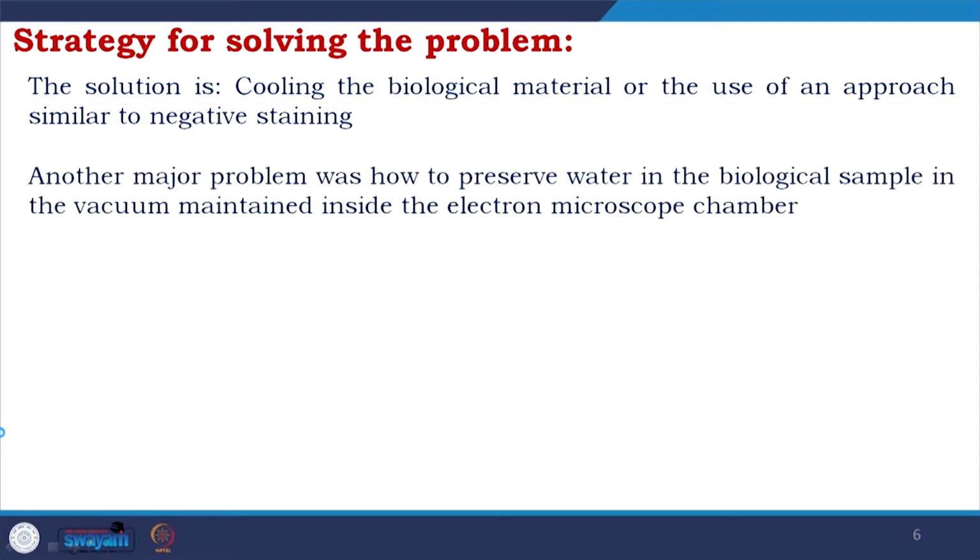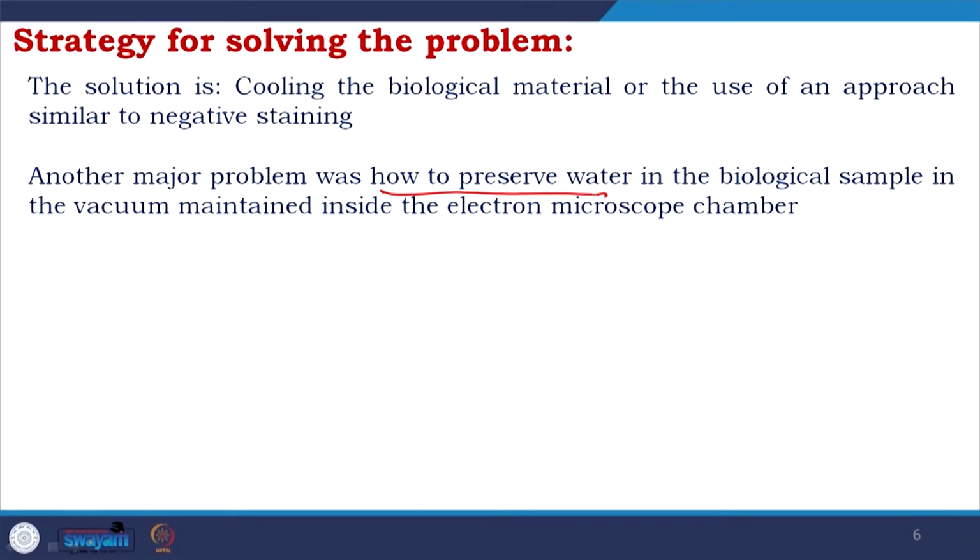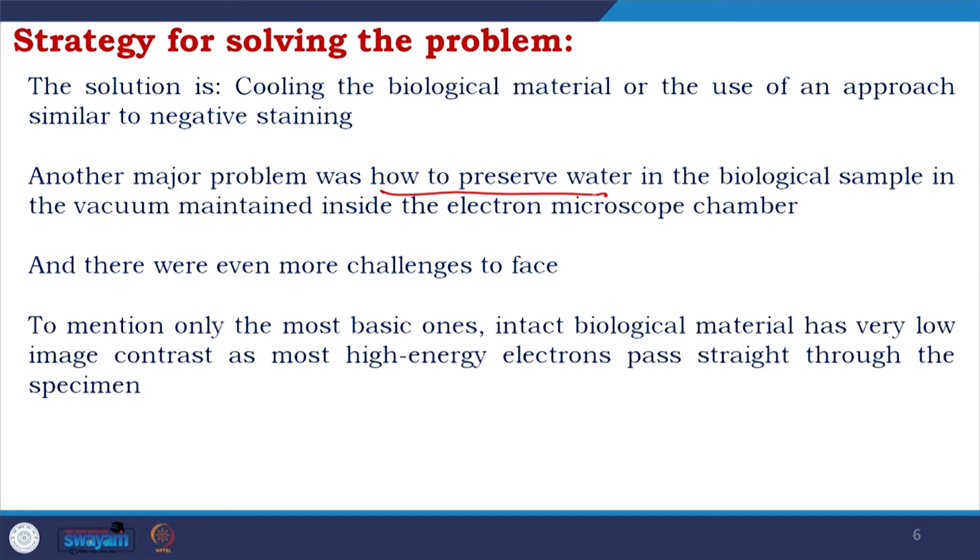Another major problem was how to preserve water in the biological sample in the vacuum maintained inside the electron microscope chamber. So, we always want the protein in solution. So, how to preserve the water? This is extremely important for the biological sample in the vacuum condition inside the electron microscope chamber. And there are even other challenges to face.